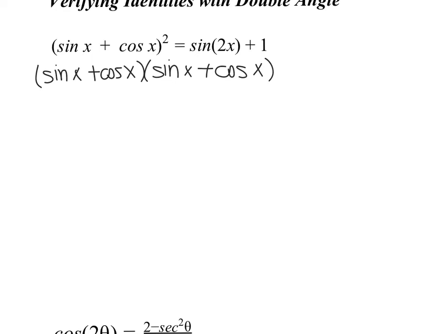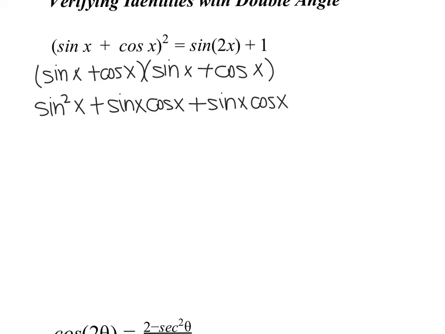So now we're going to distribute. So we get sine squared of x plus sine of x times cosine of x plus sine of x times cosine of x plus cosine squared of x. So now we want to start looking for identities we can use to simplify our answer further.